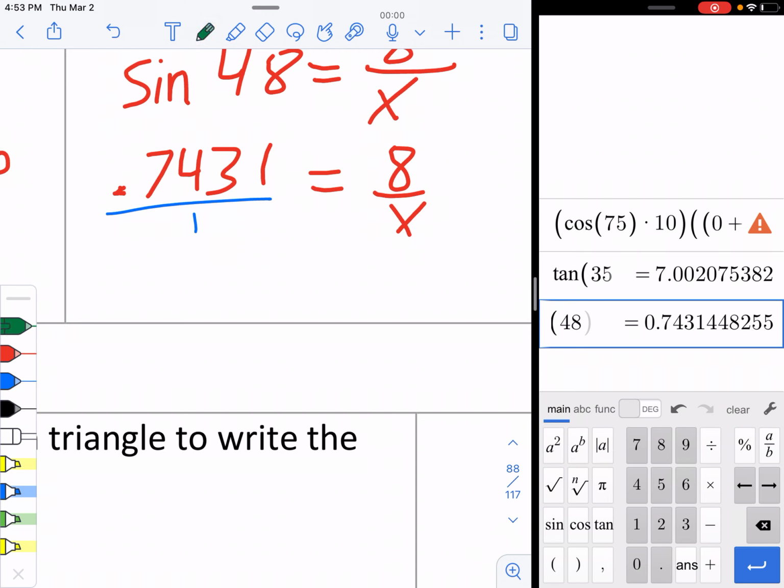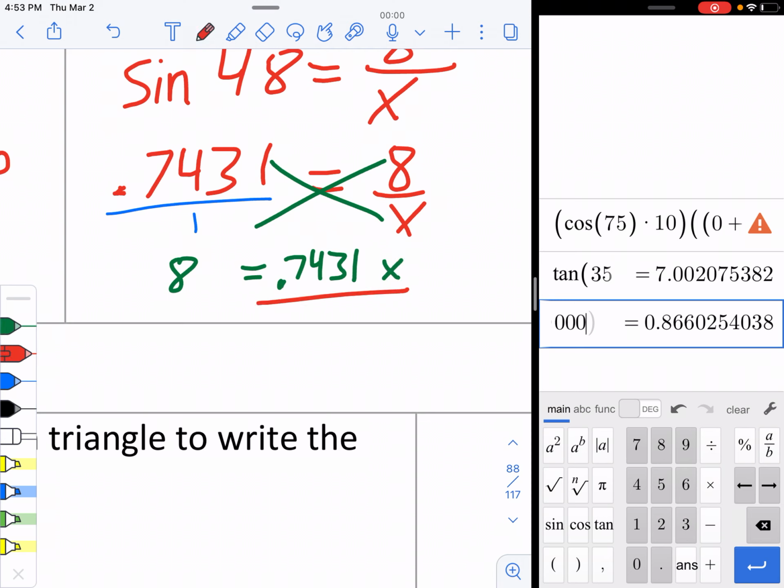So if we cross multiply this, we get 1 times 8, which is 8, equals 0.7431 times x. And now how do you solve that equation? Well, we can divide.